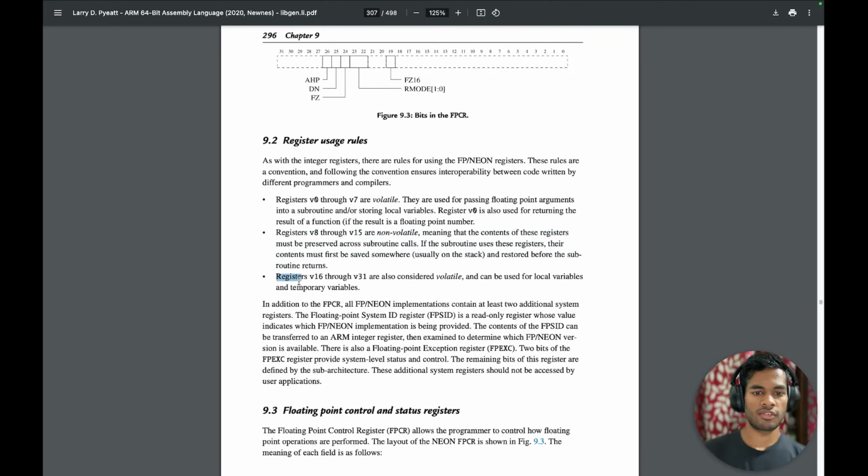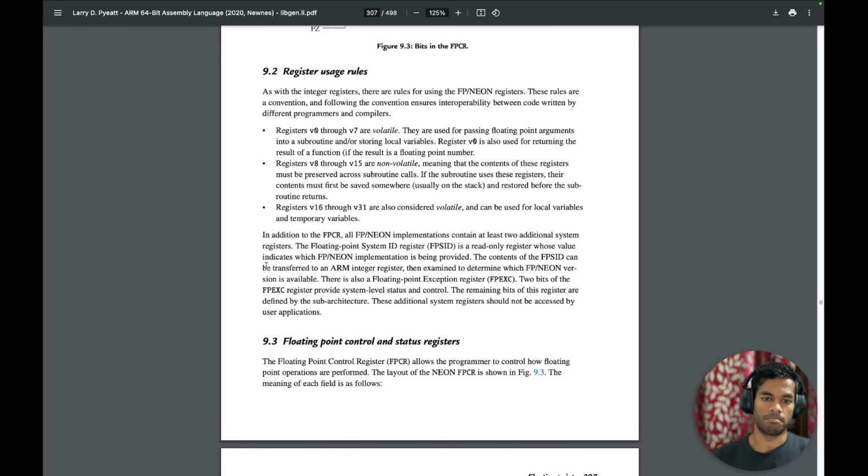Registers V16 through V31 are also considered volatile and can be used for local variables and temporary variables. So these are the same rules which apply to general purpose registers.